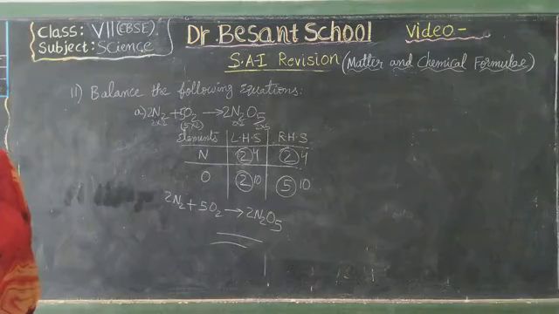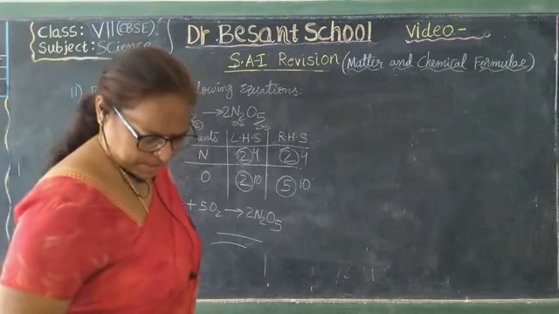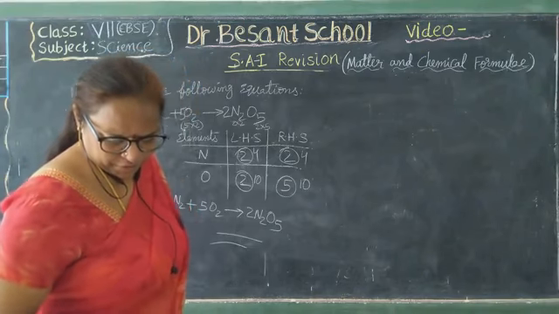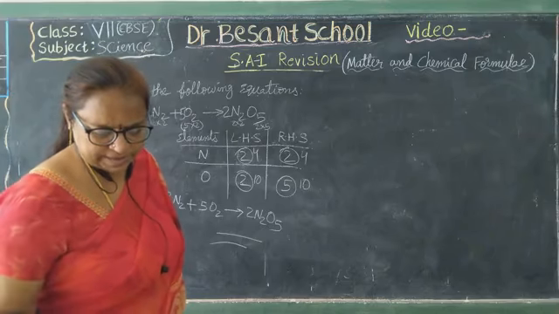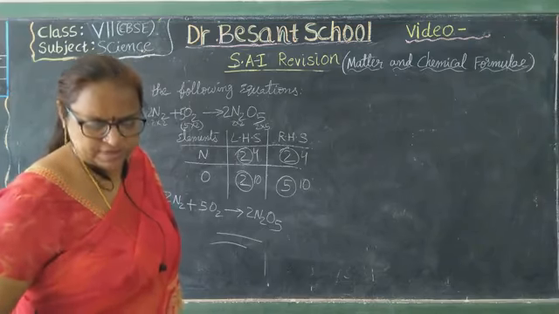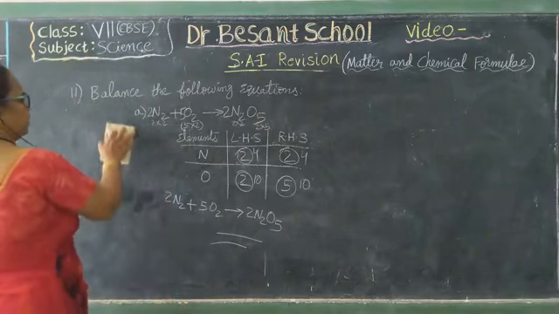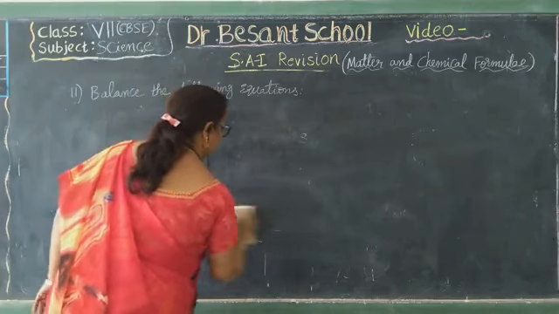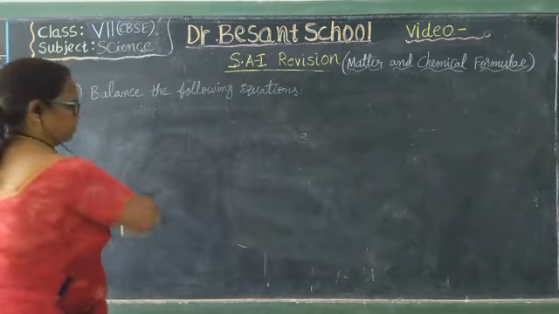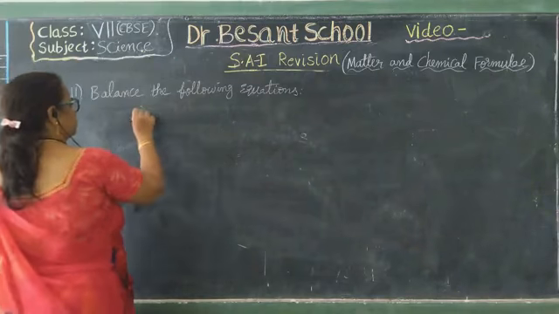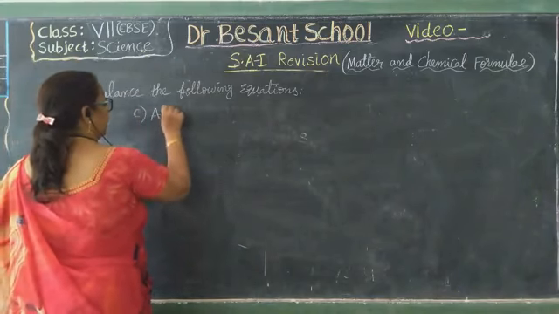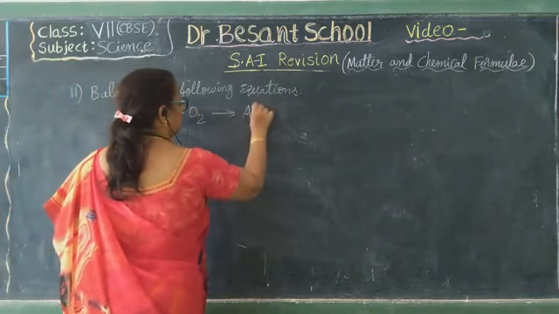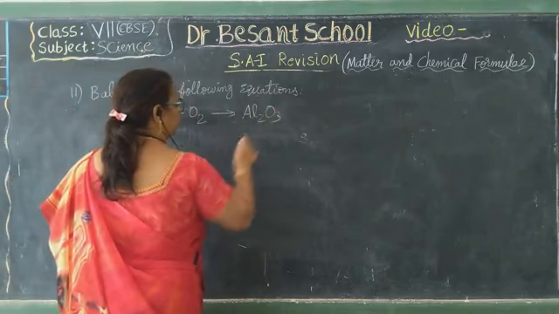Understood, children? Right. Next one. No need of all. Next we will do C. Al plus O2 gives rise to Al2O3. I am rubbing this. Right. Al plus O2 gives rise to Al2O3.